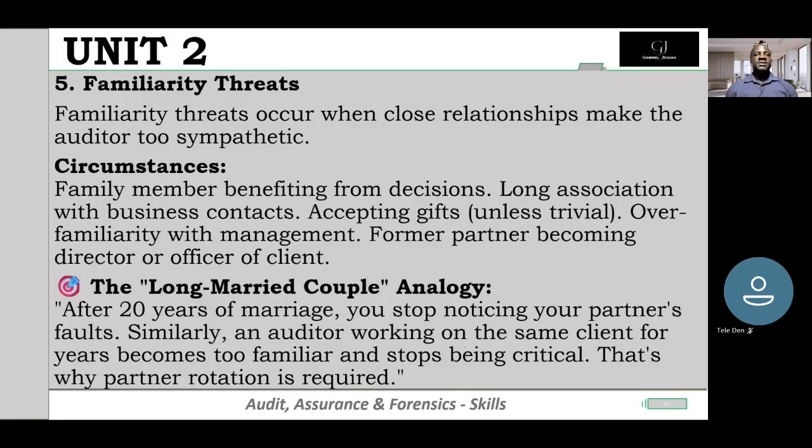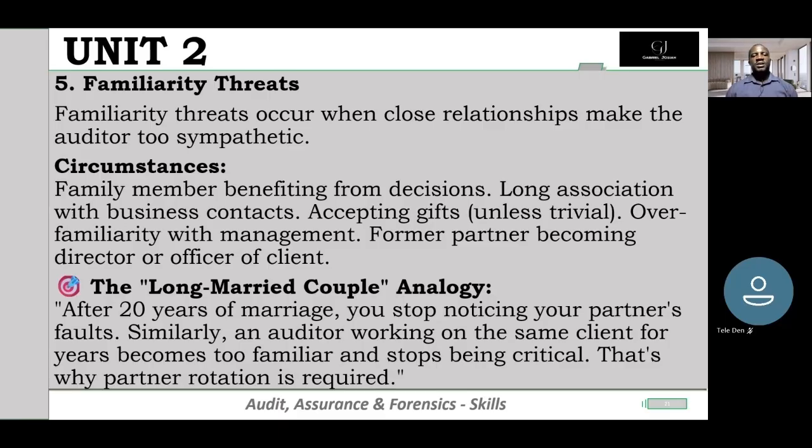Next is familiarity. Familiarity threat occurs when close relationships make the auditor too sympathetic. So what are the circumstances? Number 1, a family member benefiting from decisions, long association with business contracts, accepting gifts that are less than trivial, overfamiliarity with management, and a former partner becoming a director or officer of the client.